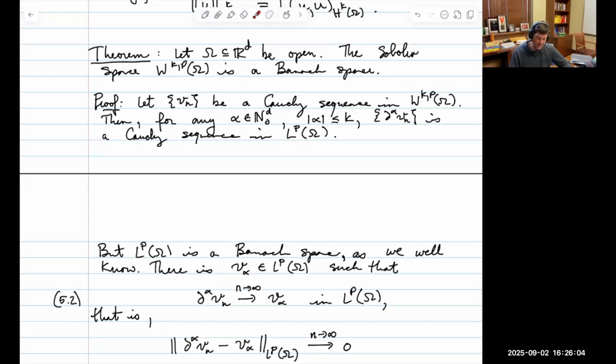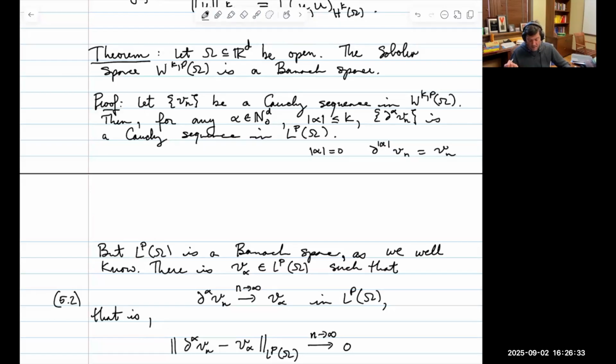So the first thing I want to say, and make sure you understand, is that if alpha has order 0, that means I'm taking no partial derivatives at all, then that just means the original function itself. So if I say something like this, where the order of alpha is equal to 0, then that's just the function itself.